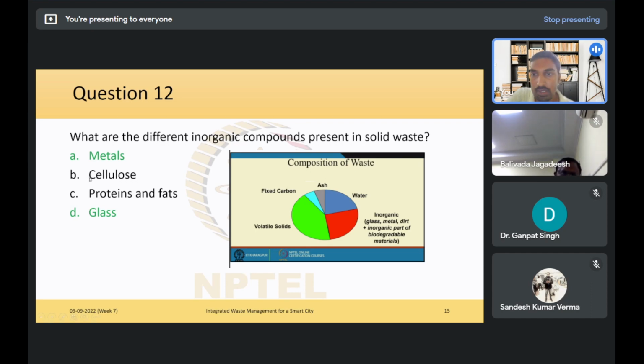Cellulose, proteins, and fats are the organic components. So it's only the metals and glass which are the inorganic compounds. Okay, is that clear?